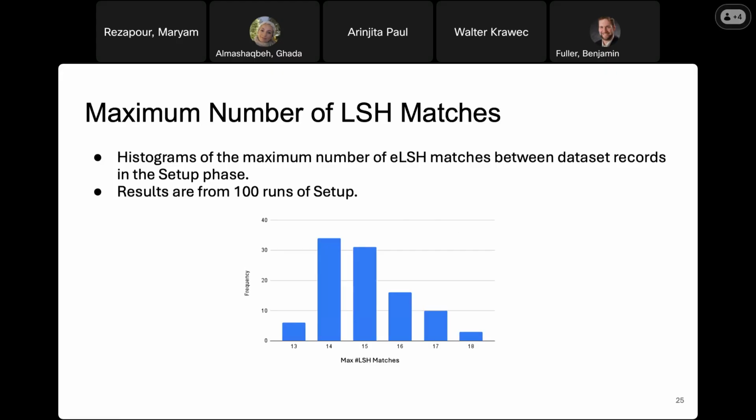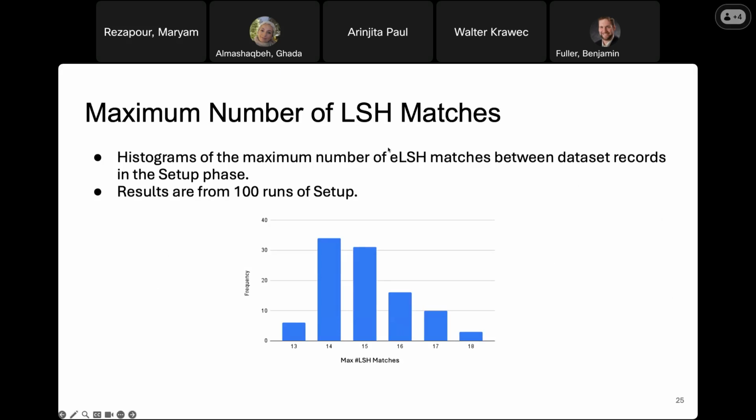So one of our goals was to lower the probability of having the same LSH evaluation across the records. To make sure that our construction does this, we ran the setup 100 times and evaluated the maximum number of LSH matches.